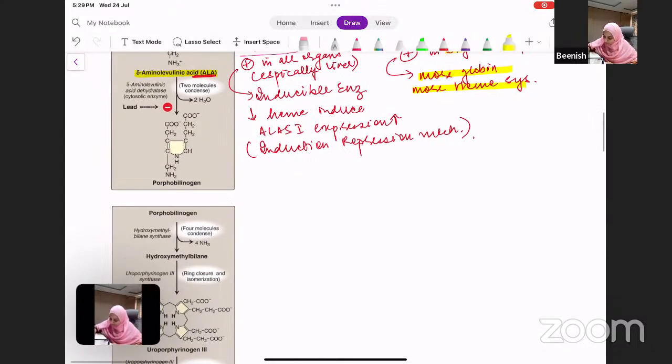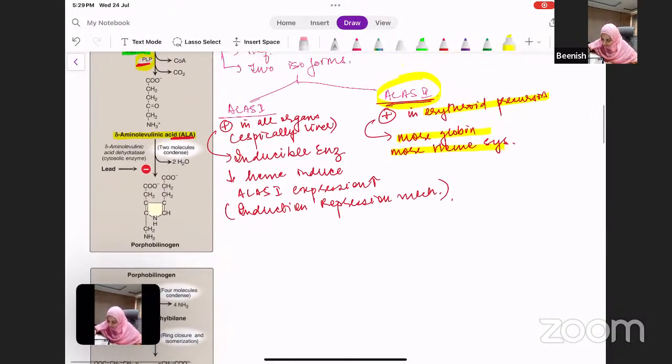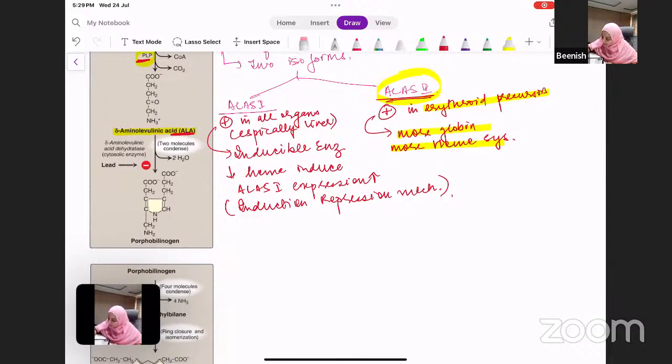Now talking about the next step, what is going to happen? Two molecules of ALA are going to condense or join to form porphobilinogen. This step is brought about by the enzyme dehydratase, and this is taking place in the cytosol.